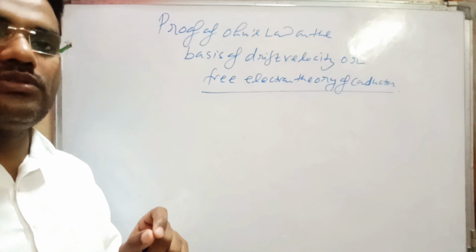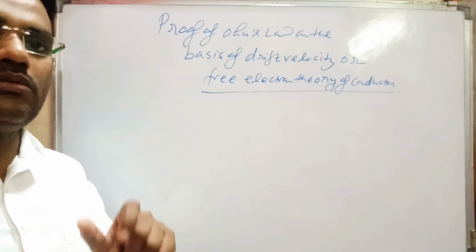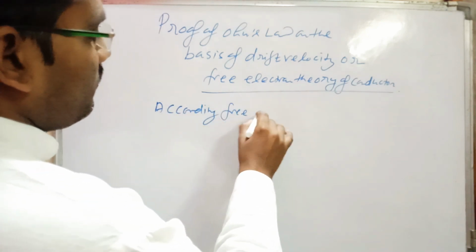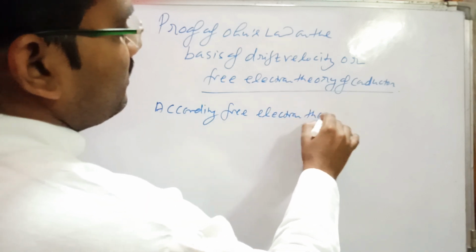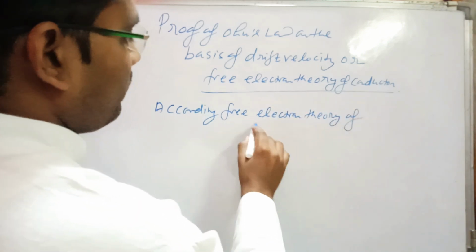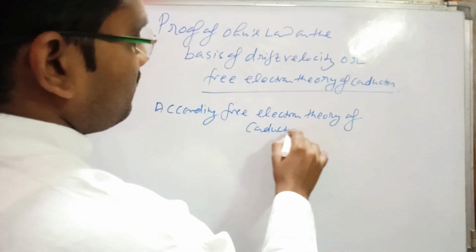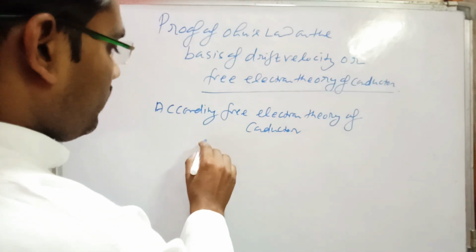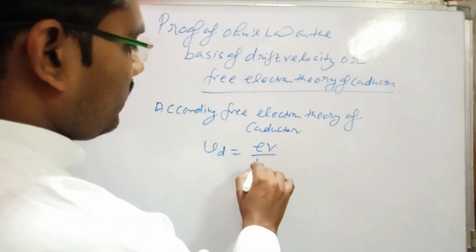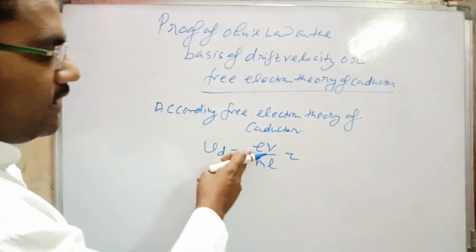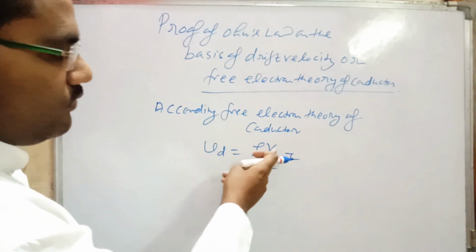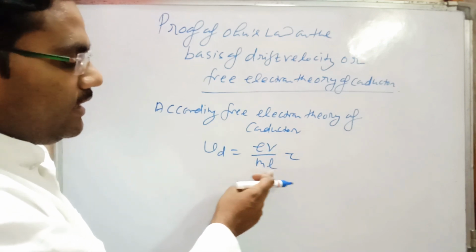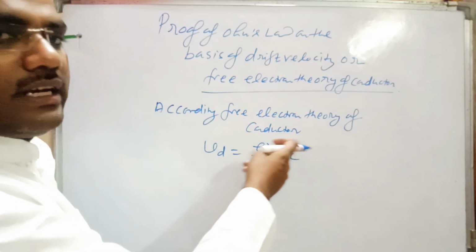According to the free electron theory of conductor, in the previous lecture both derivations were performed. Now here Vd is equal to eV by mL tau, where e is the charge of electron, V is the potential difference applied across the conductor, m is the mass of electron, L is the length of the conductor, and tau is the relaxation time.